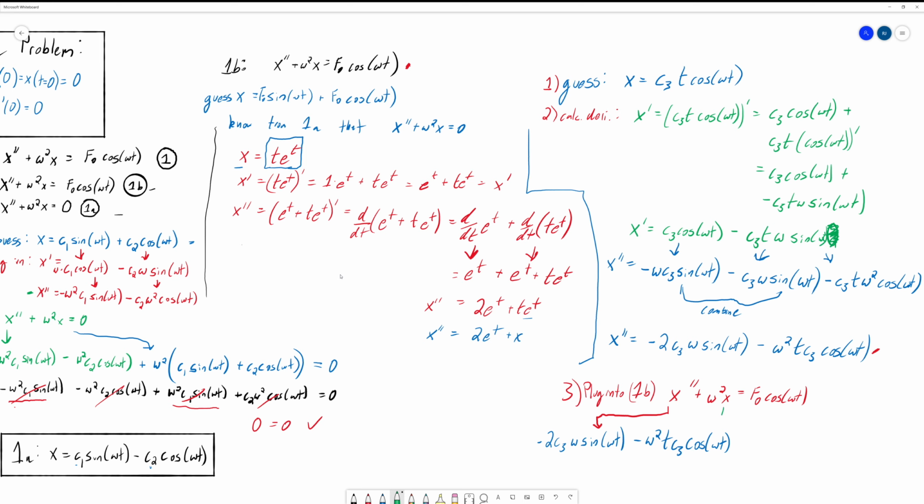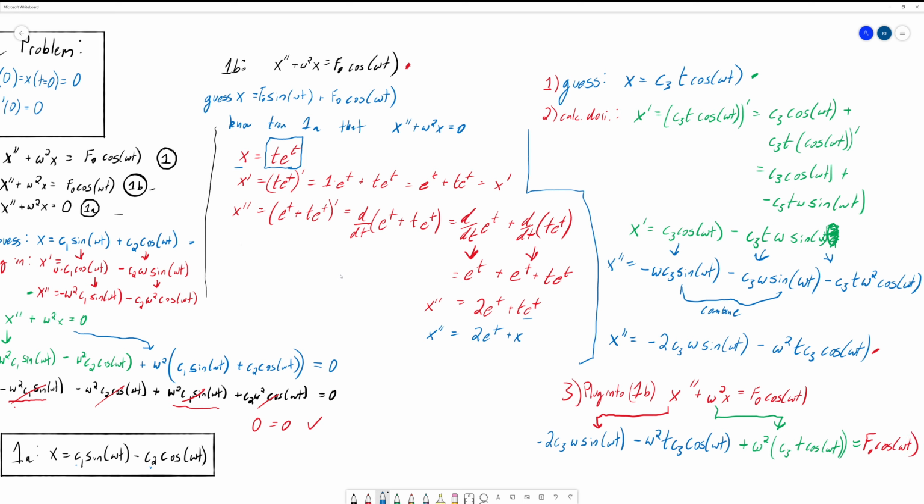And this omega squared x term is going to be from here. So we're going to have plus omega squared times x, where x is going to be c3t cosine of omega t. And that should equal, if this is the correct guess, f naught cosine of omega t.